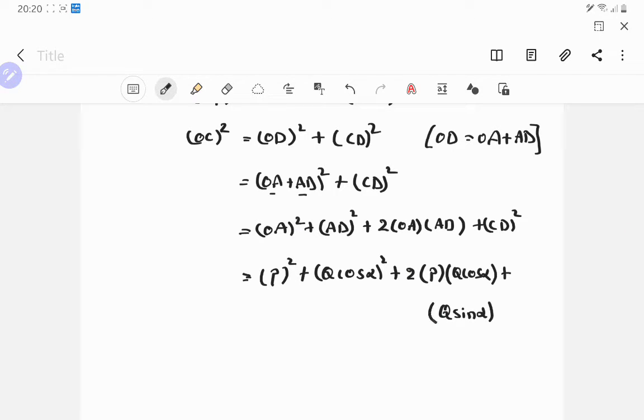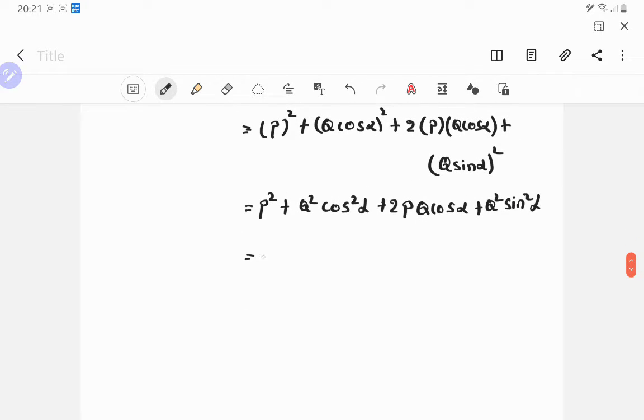Now squaring: P square plus Q square cos square alpha. If we expand this square, we get Q square cos square alpha plus 2PQ cos alpha plus here also Q square sin square alpha.